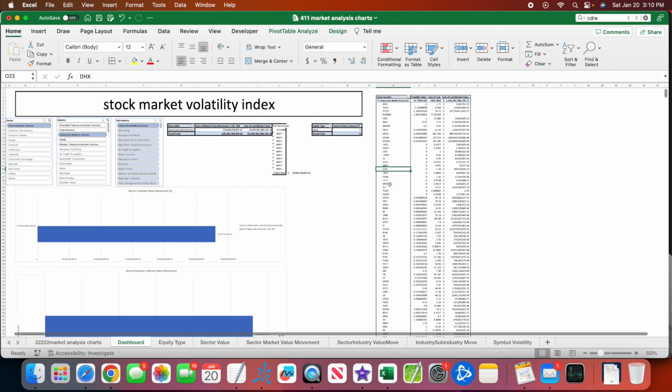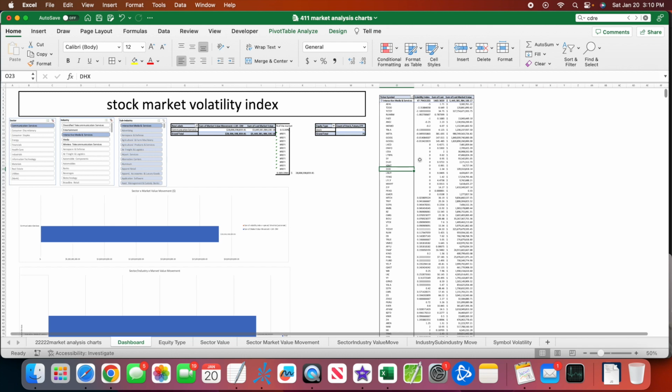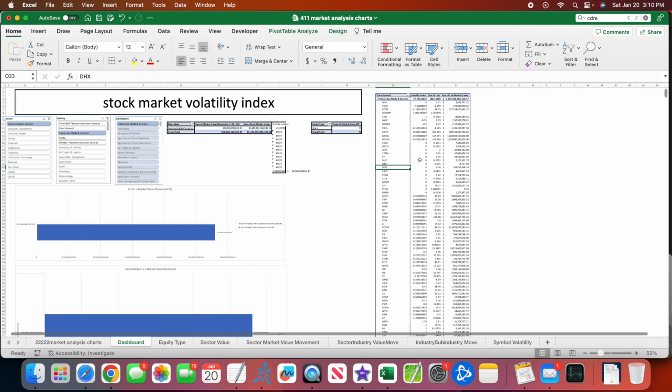So how the volatility index works is if the volatility index is 0, that means it didn't move. And the further away from 0 you get, the more volatile the stock. So if you want to find something with a lot of volatility, you're looking for really big numbers.